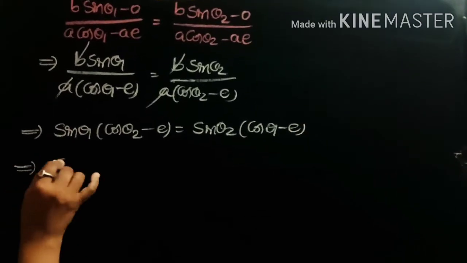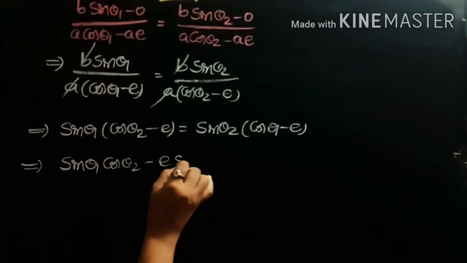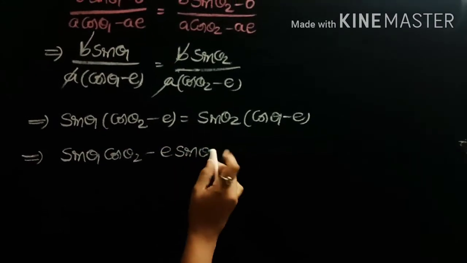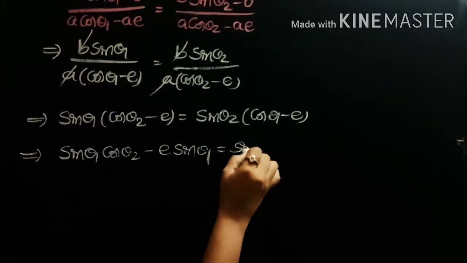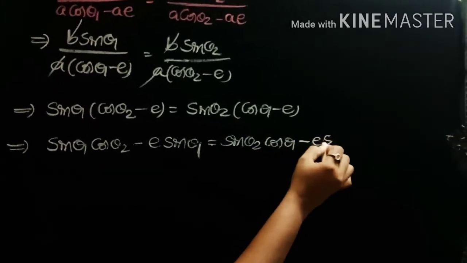This implies sin theta 1 into cos theta 2 minus e sin theta 1 is equal to sin theta 2 into cos theta 1 minus e sin theta 2.